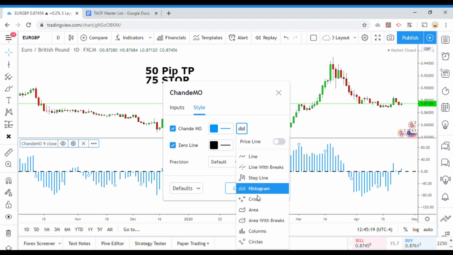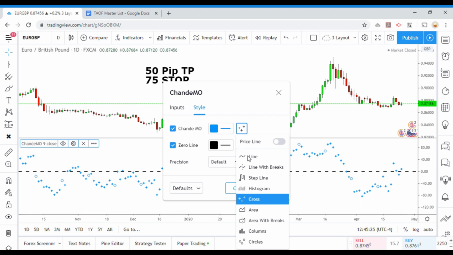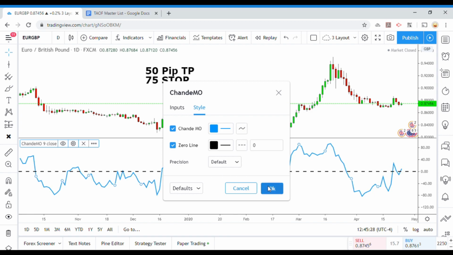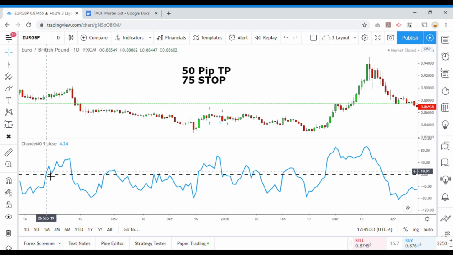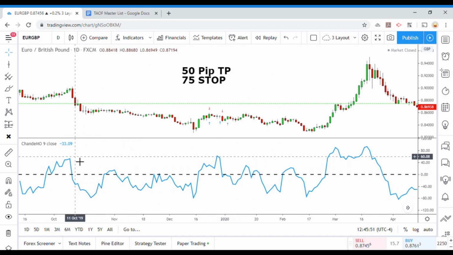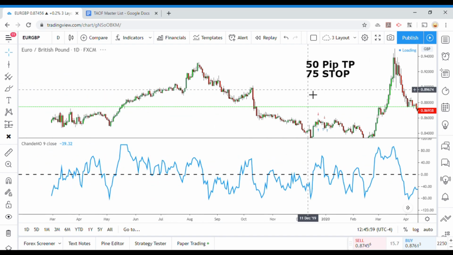You can do crosses, dots, area, column, and so on. Just a handy little tip there. It doesn't have to stay a line, but basically we have a zero line cross, which means when the line crosses above the zero, that would be an indicator to buy. Momentum is in the buy favor. When the line crosses below the zero into negative territory, that is a sell signal. That is a negative momentum or a sell momentum.